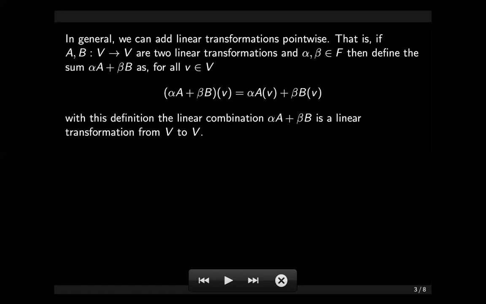So this definition, a linear combination of linear transformations, is again a linear transformation. You can check that this is indeed a linear transformation, but we won't do that here.